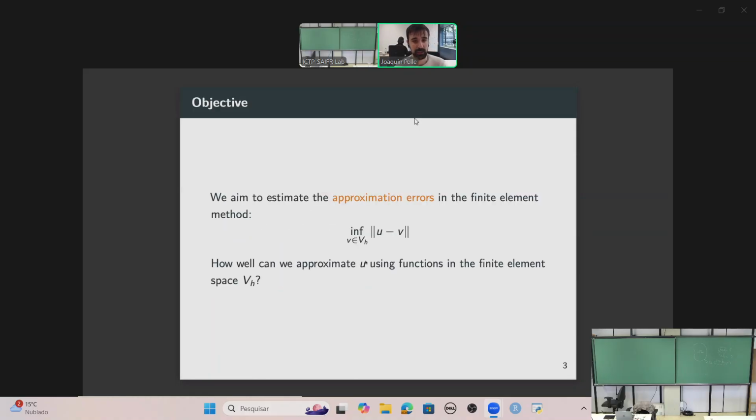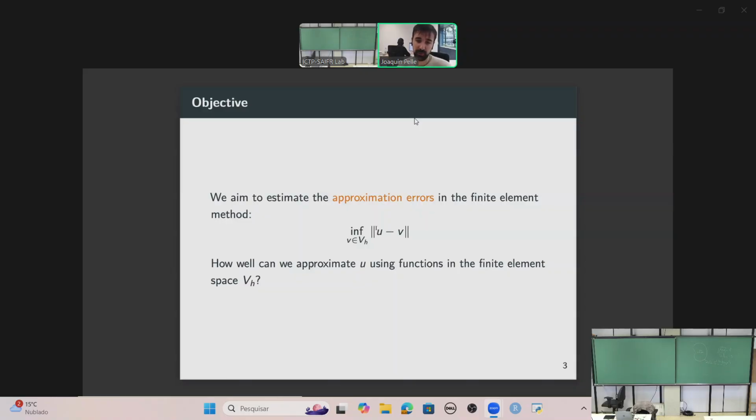So as I was saying, now more concretely, the idea is to estimate the approximation errors that we get in a finite element method. We have a certain function u that could be the solution to a differential equation that we're trying to solve.